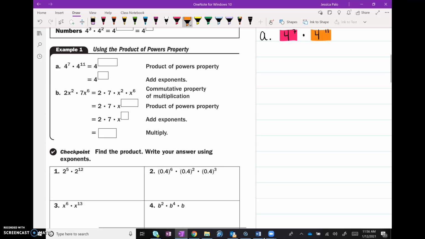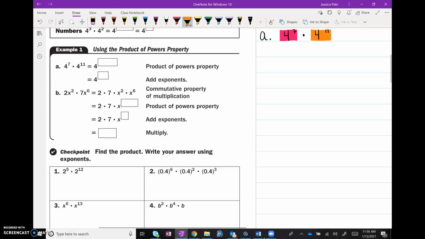Now, what do we know about exponents? What does 4 to the 7th mean? Or what does 4 to the 11th mean? Why would we choose to use an exponent over the other thing that it actually is representing?